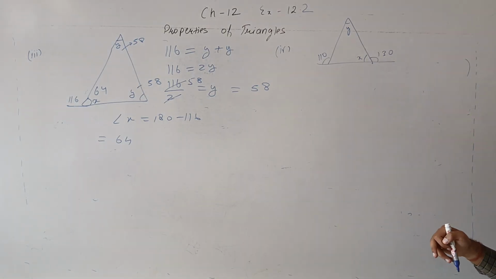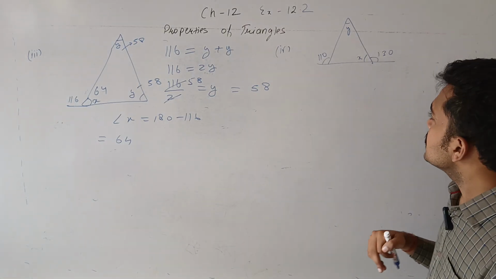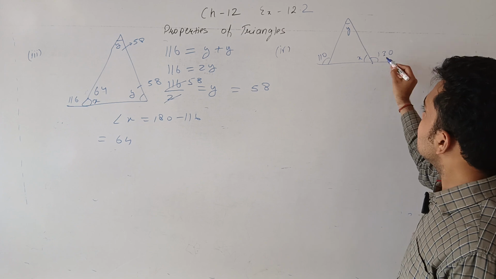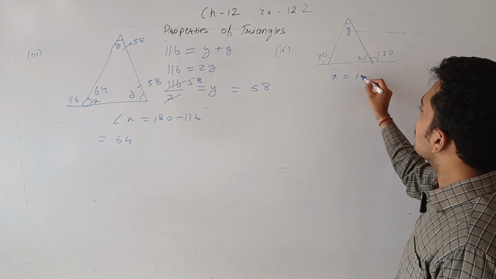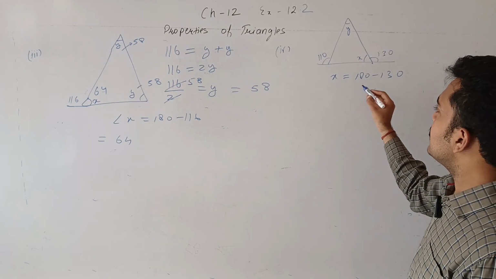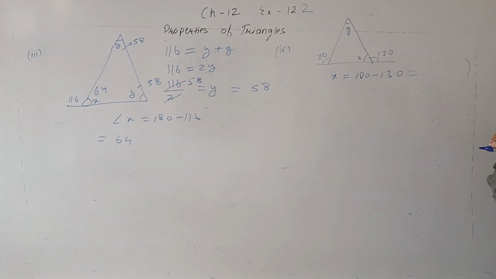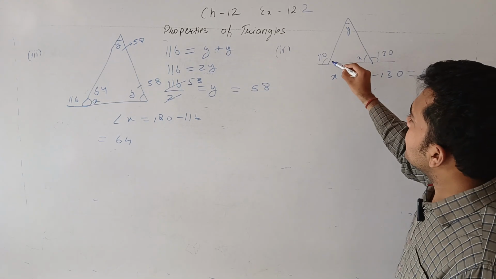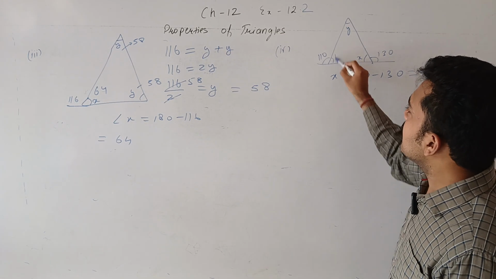Again we have to find the value of x. Therefore, this is 130, so x is equal to 180 minus 130, which is 50. Here also we have to find this angle, angle 1.